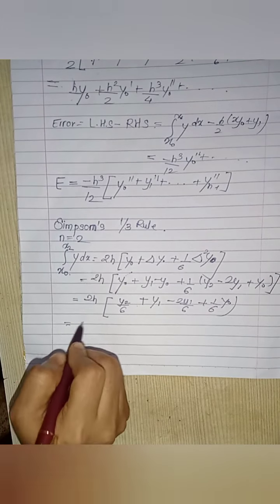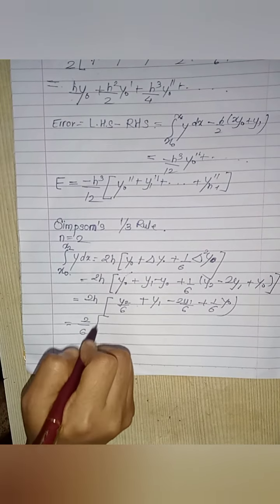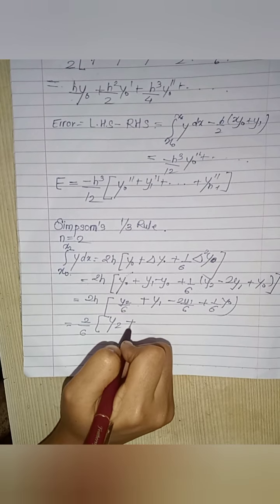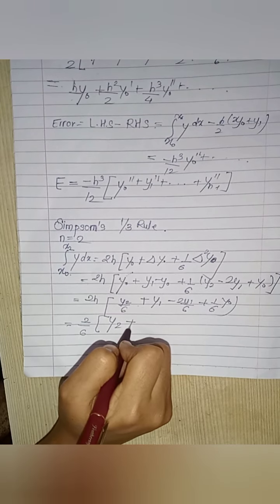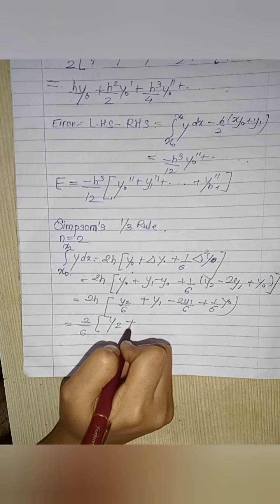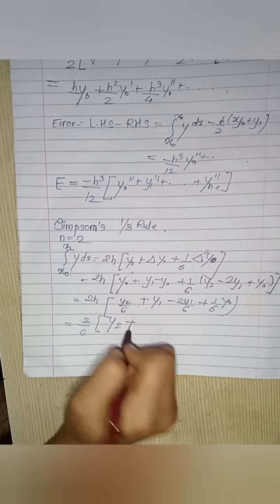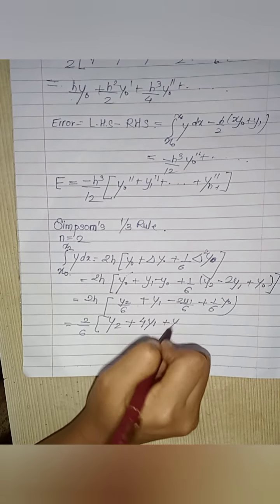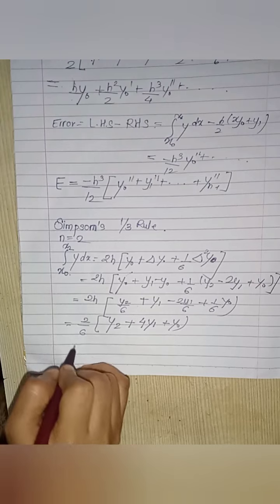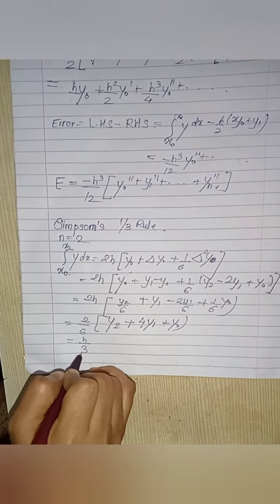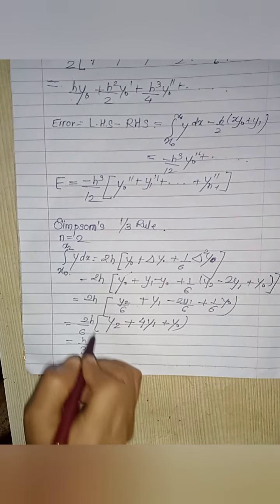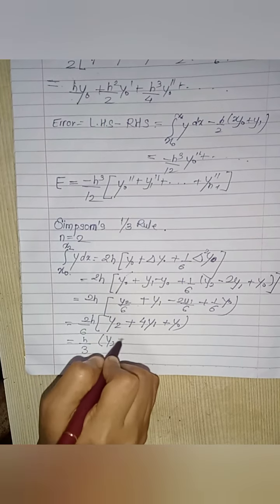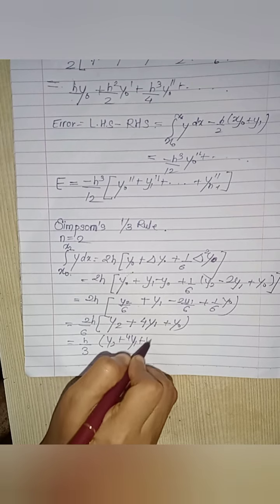So this will give you 2 upon 6 into y2 plus, so this is 6y1 minus 2y1, so we can directly write 4y1 plus y0, which is equal to h upon 3, sorry, h is missing over here, so h upon 3 into y2 plus 4y1 plus y0.